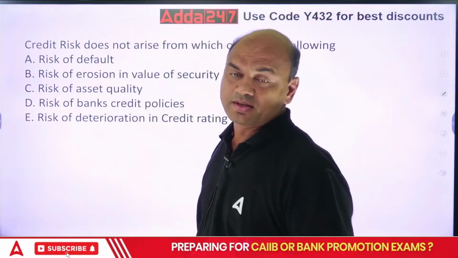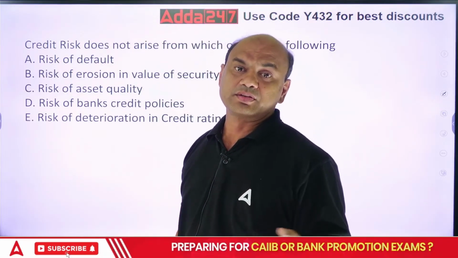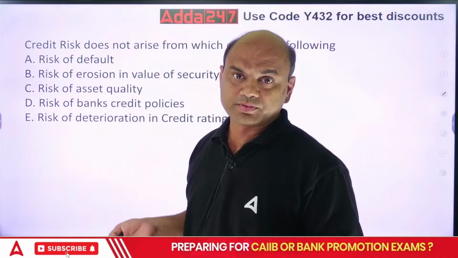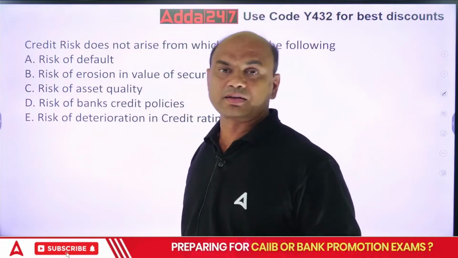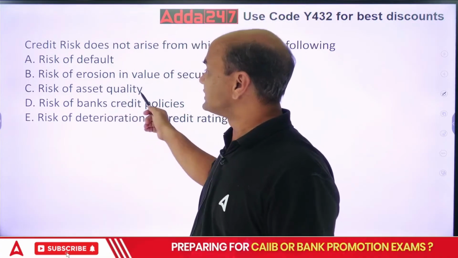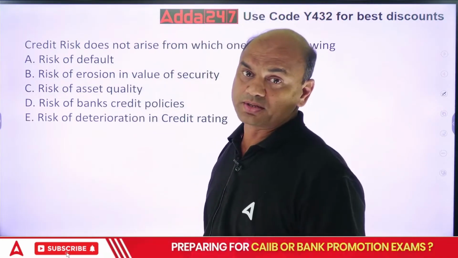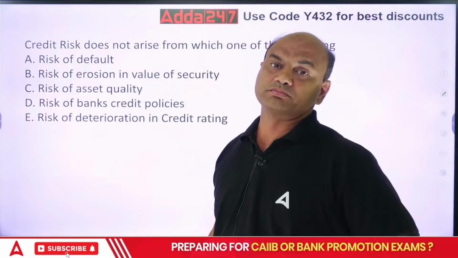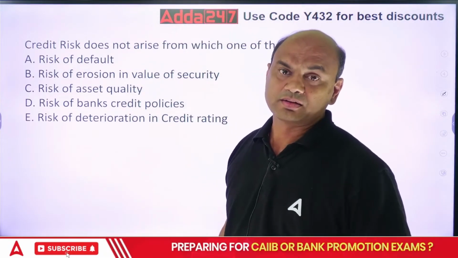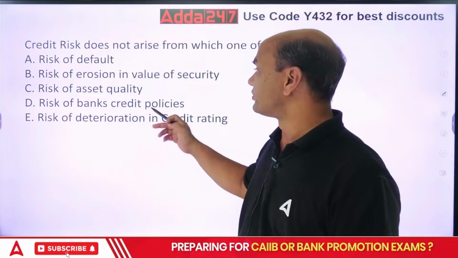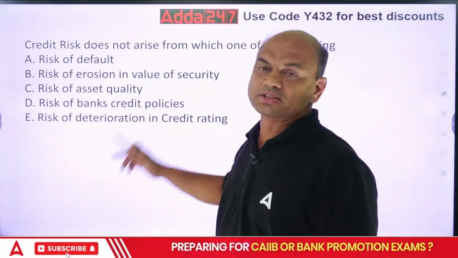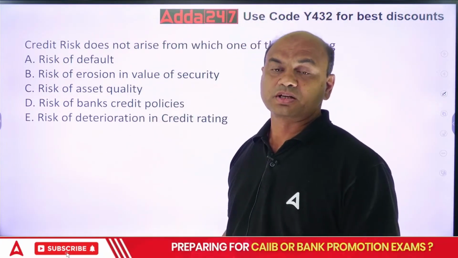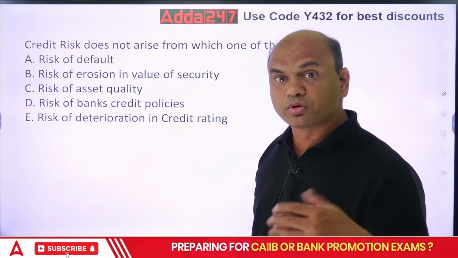Risk of erosion in the value of the security is also right. If security is gone, then the loan becomes unsecured, so that is the risk of credit. Risk of asset quality: suppose the assets go on deteriorating, then there's a problem. Risk of banks' credit policies means banks' own policies.